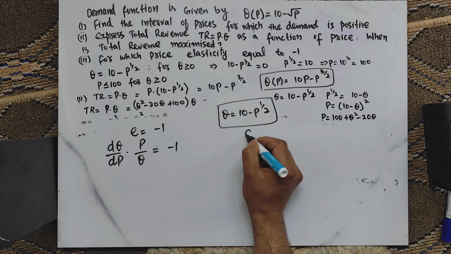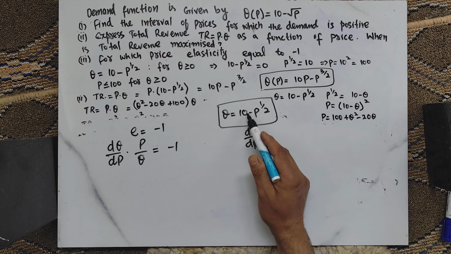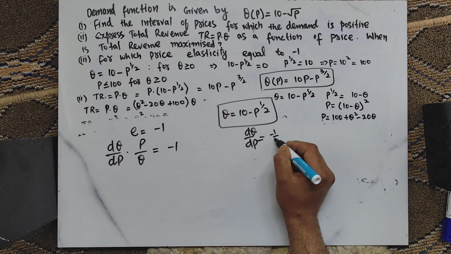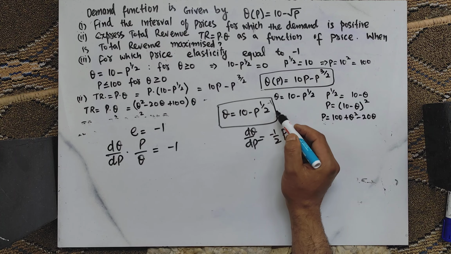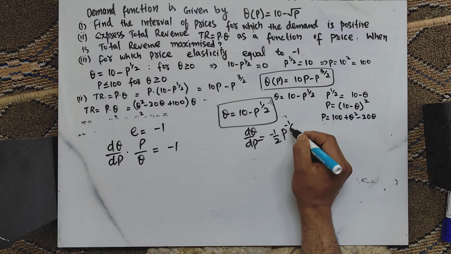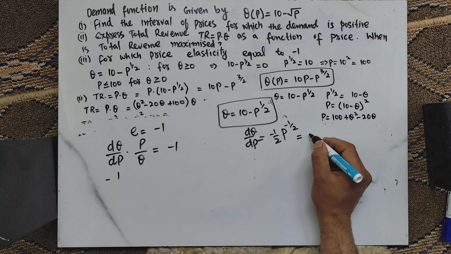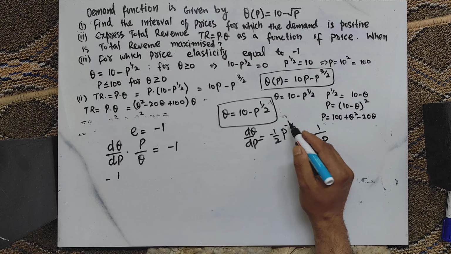So its derivative, dq upon dp: the derivative of the constant is 0, and the derivative of this will be negative 1 upon 2 p raised to the power negative 1 upon 2, because the exponent is subtracted. So dq upon dp is negative 1 upon twice p raised to the power 1 upon 2; transposing it, the exponent becomes positive.